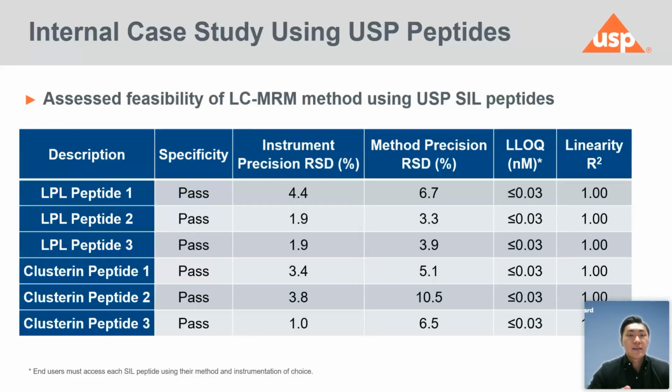We also assessed the feasibility of this internal LC-MRM method that we set up using USP labeled peptides. The first thing we assessed was the specificity of the labeled peptides.